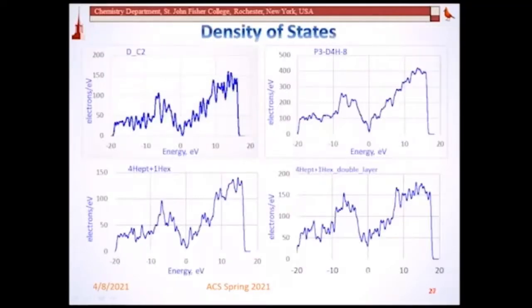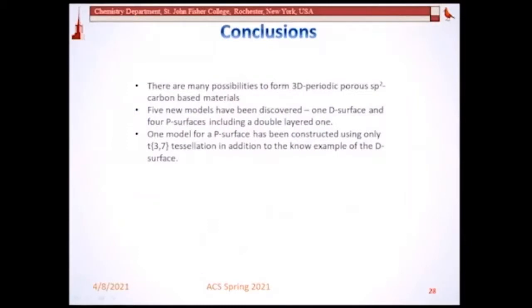And we've calculated the density of states. These materials range from good conductors to semiconductors and to almost like an insulator. And so there's a lot of work to do, but we've discovered 5 new models: 1 D surface and 4 P surfaces, including the double layered one.